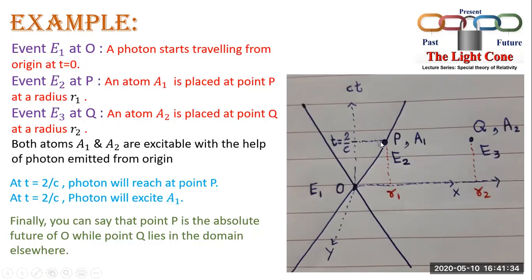But it is not possible for this photon to excite atom A2 at time t equals r1 divided by c seconds, due to the reason that atom A2 lies outside the light cone of this photon, and it is not possible for the photon to travel the radius r2 in time t equals r1 divided by c seconds. So you can say that point P is the absolute future of O, while point Q lies in the domain elsewhere.